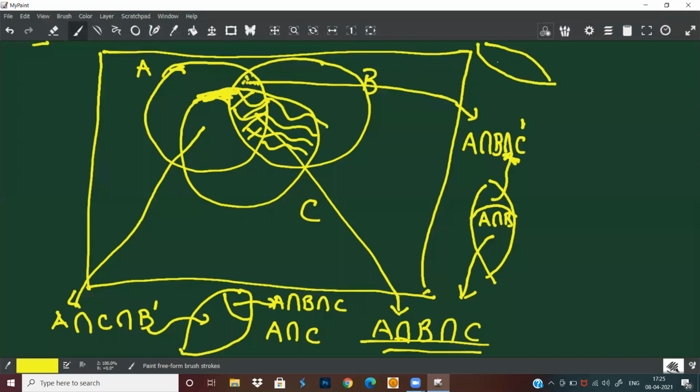B and C एकदम बराबर. So ये तुम्हारा B intersection C है. But इसका जो ये part है, this part, it is there in A also. So this is A intersection B intersection C, and this part is B में है, C में है, but A में नहीं है. समझा?